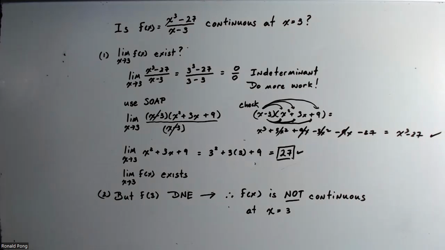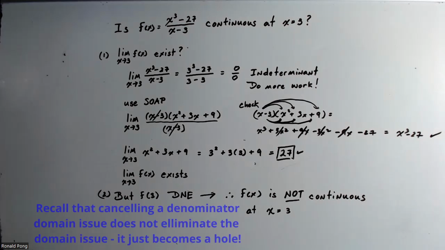Now I could take the limit as x approaches 3 of x squared plus 3x plus 9, which is simply 27. Therefore, the limit as x approaches 3 of f of x exists. But the next question is, does f of 3 exist? And the answer is no, it does not exist. We can conclude from this then that f of x is not continuous at x equals 3.